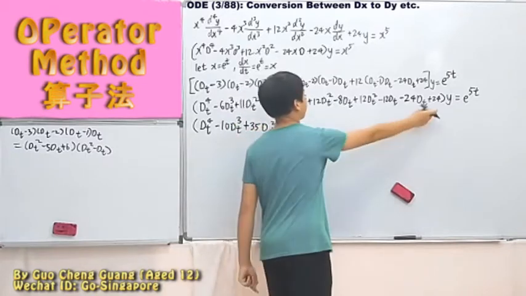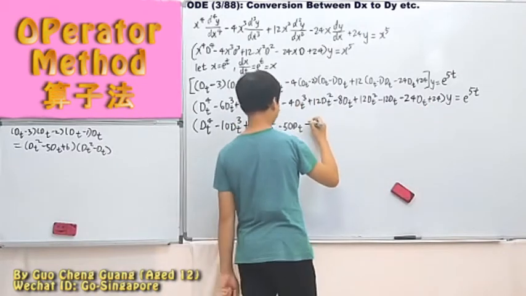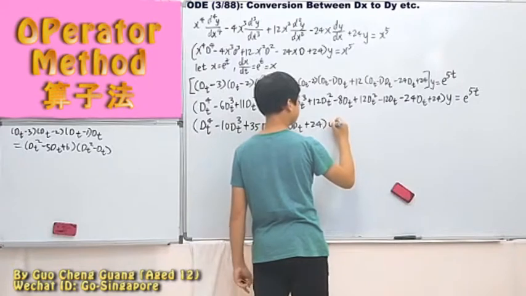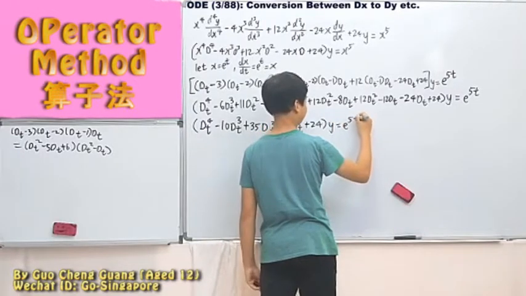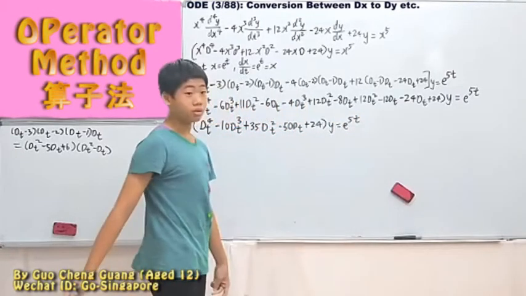After that, the constant can only be at the last part, so you add 24. And this will be what you have.